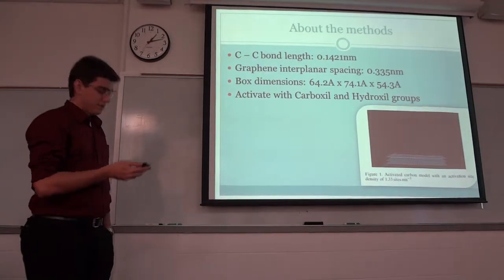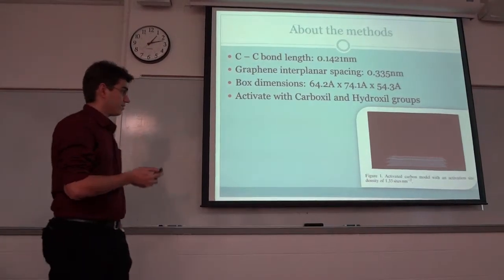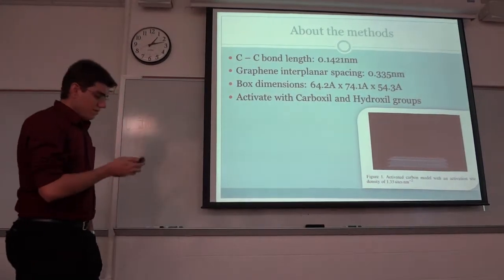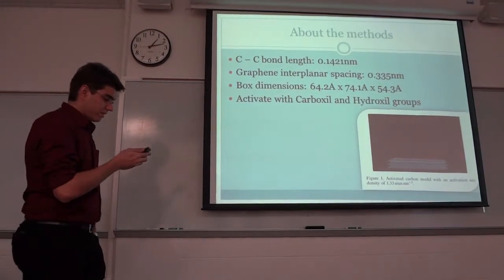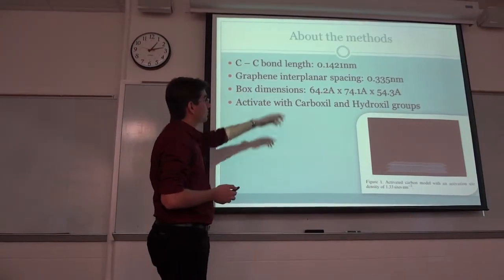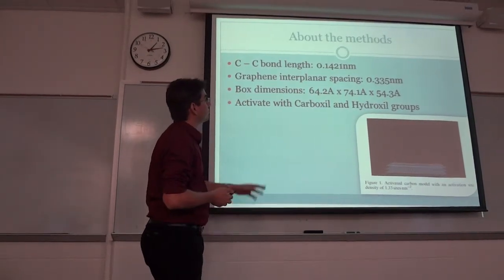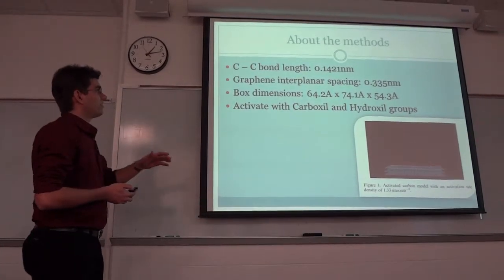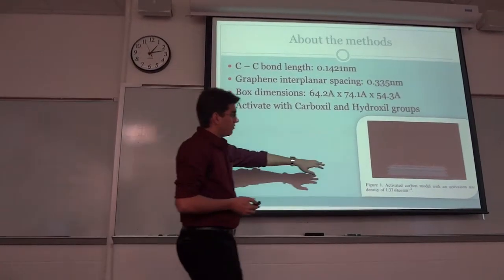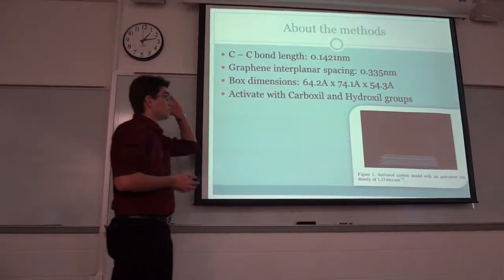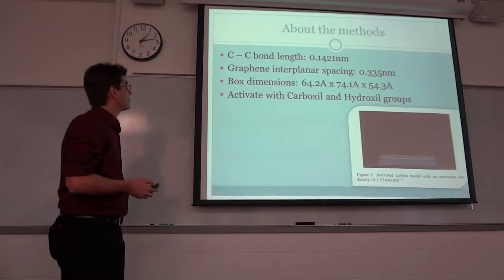Describing the methods, here we have the graphite model. The bond length of carbon is 0.1421 nanometers. The graphene interplanar space, which is this distance, is 0.335 nanometers.